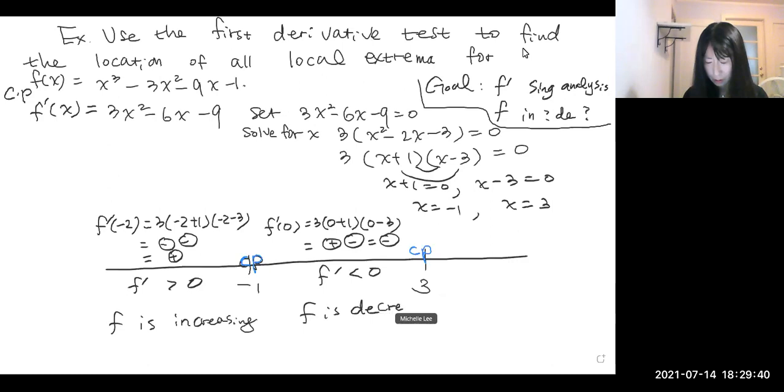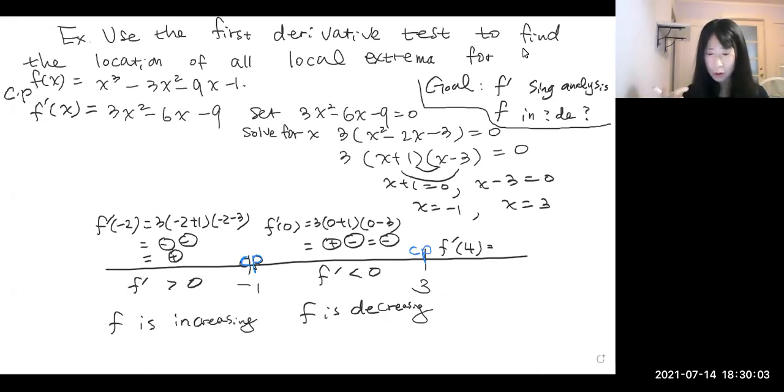Decreasing. Okay, so what do you want to pick after 3? Number 4. Okay, so since we know that, I'm not going to write it down.